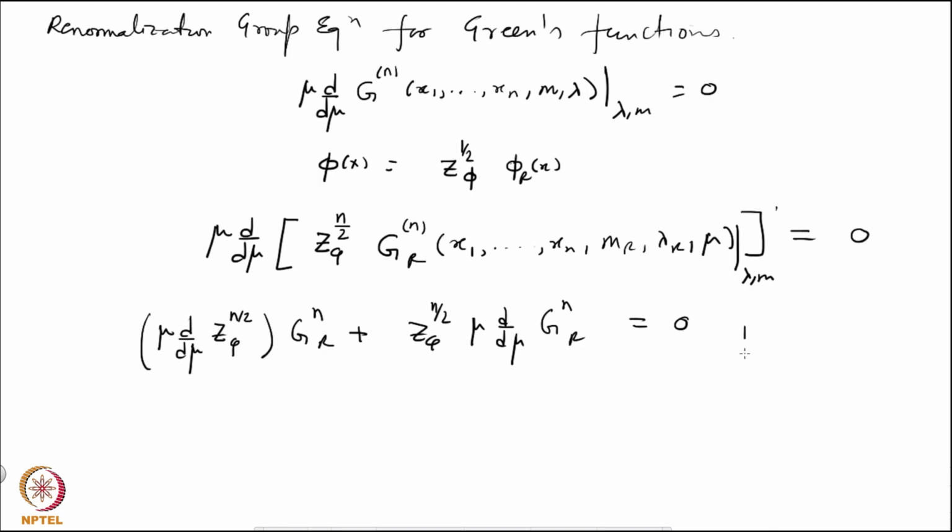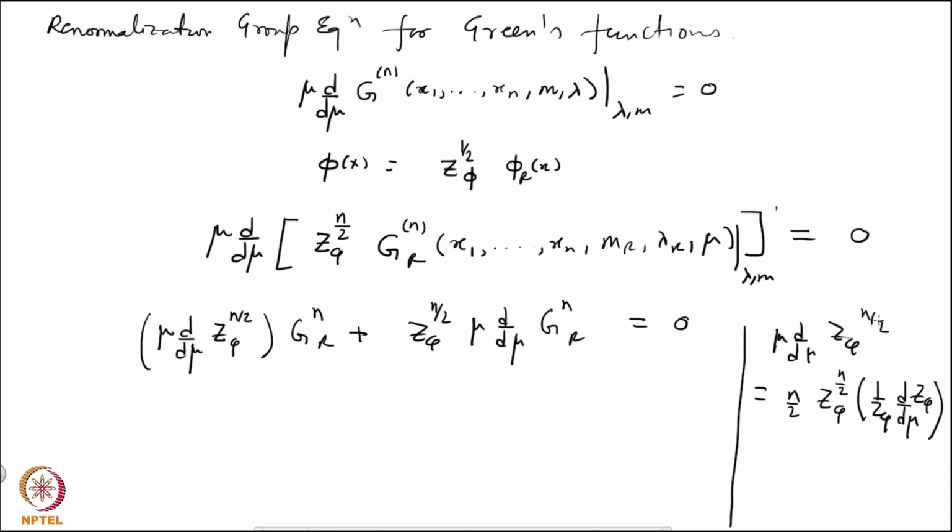So this will give you mu d over d mu Z phi to the n half, that is equal to n over 2 Z phi to the n over 2, okay, 1 over Z phi d over d mu Z of phi. Okay, taking this derivative will give you n over 2 and then Z phi to the n over 2 minus 1. So that minus 1 is here and the remaining Z phi to the n over 2 is here. Okay, so that's the derivative.